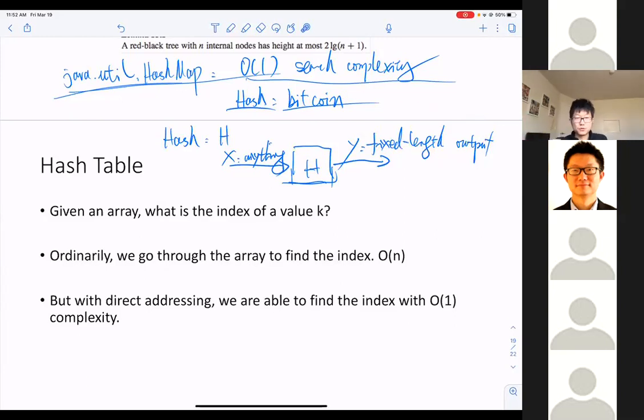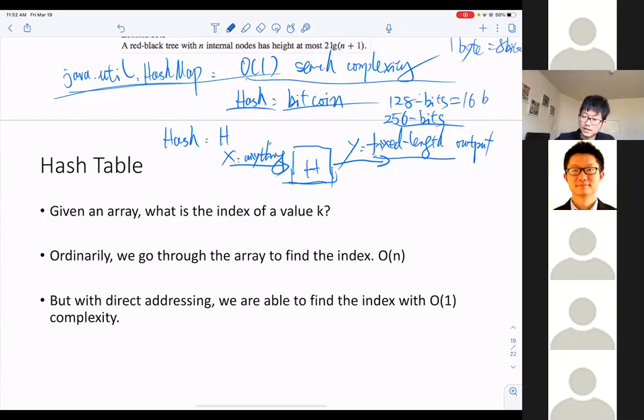Usually this length is really short, either 128 bits or 256 bits. Since 1 byte is 8 bits, this means 16 bytes, or 32 bytes. So the output length is very short.